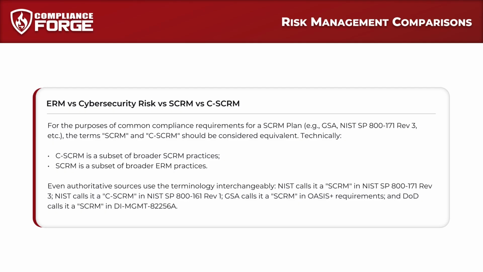For the purposes of common compliance requirements, the terms SCRM and C-SCRM should be considered equivalent. Technically, C-SCRM is a subset of broader SCRM practices, and SCRM is a subset of broader enterprise risk management practices. Even authoritative sources like NIST, the GSA, and the DoD use the terminology interchangeably.